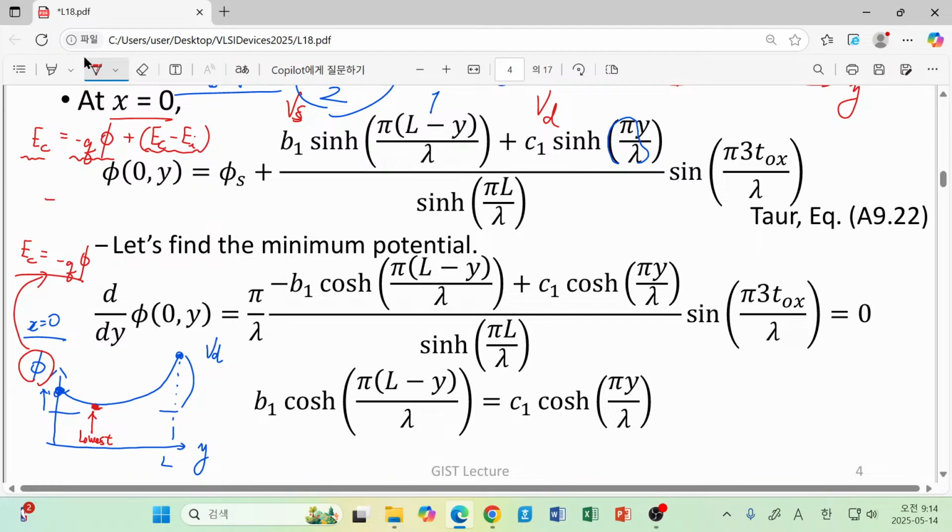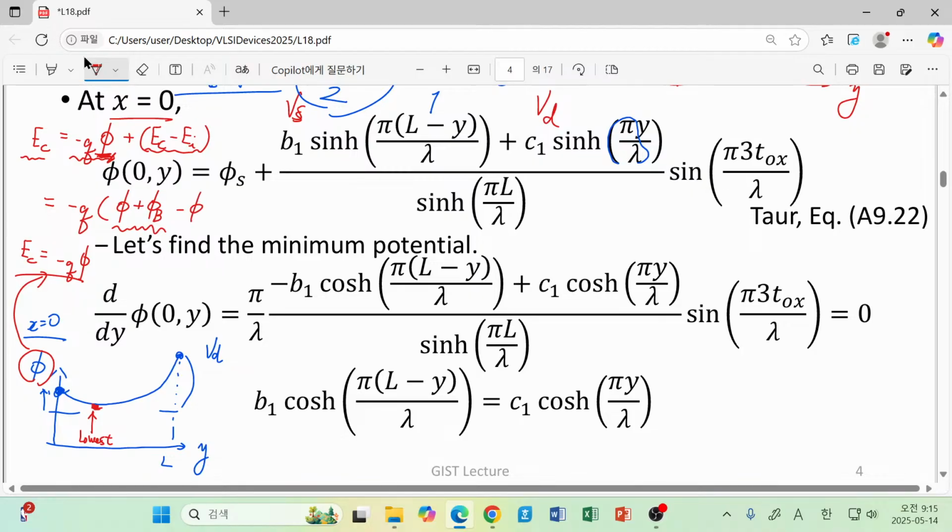And what is our phi? Currently, we are not using the phi usually used in a more rigorous context. Instead, we introduce a certain convention in this textbook, like phi plus phi b, that is defined as our potential in this case.